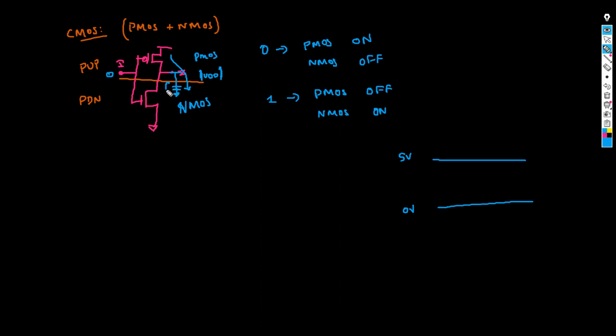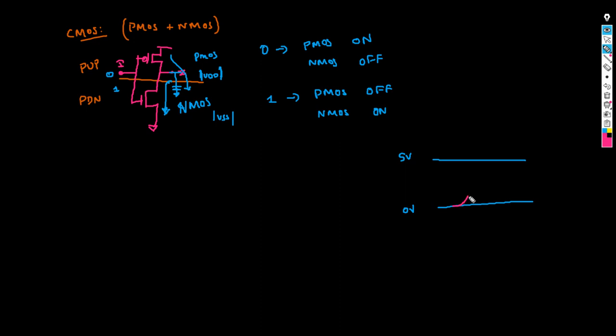Now, when the input is 1, the NMOS is going to discharge it to the VSS level. What this means is, if you use this whole CMOS, when your input is 0, it acts as an inverter.